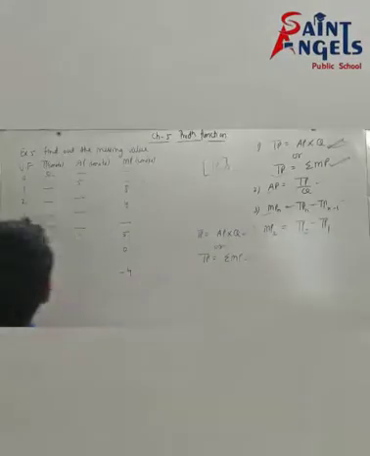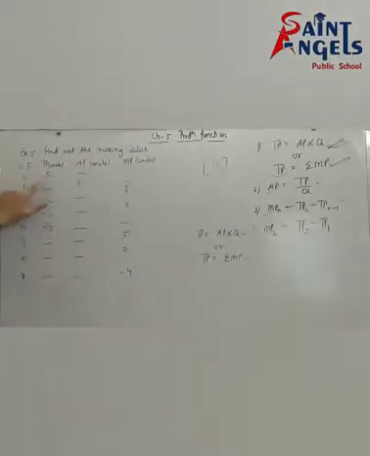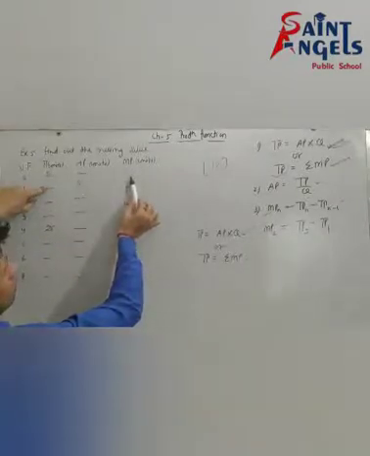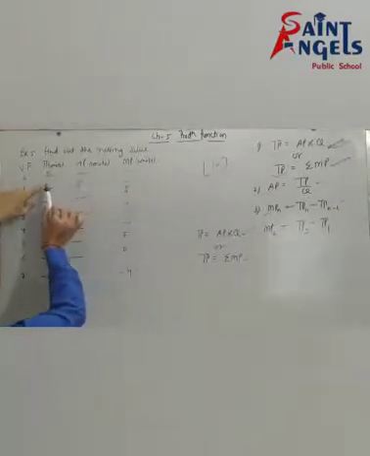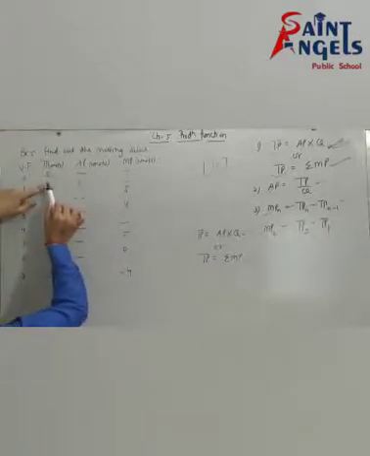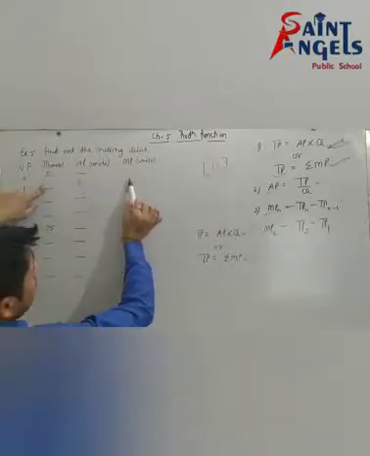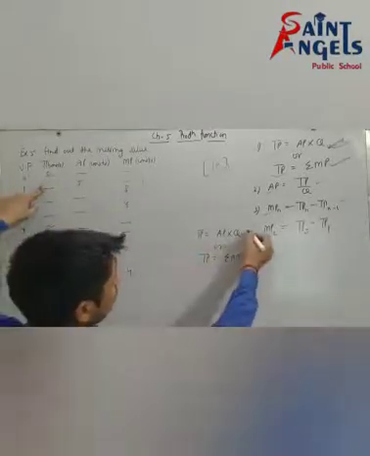Now after this, TP. Value of AP is given, but value of MP is not given. To find this value of TP, value of AP is given, but value of MP is not given. So we will use this formula.